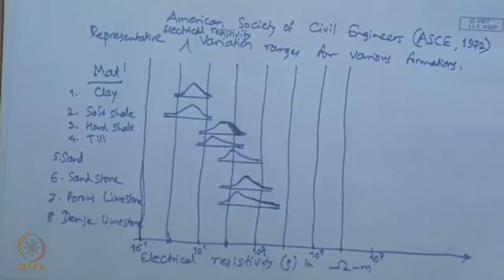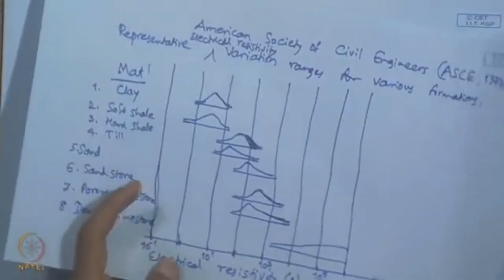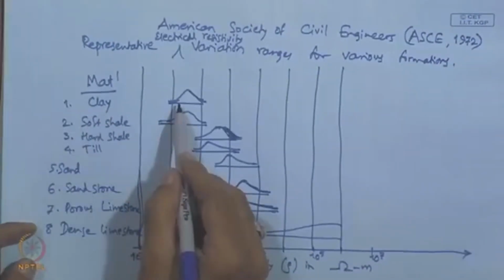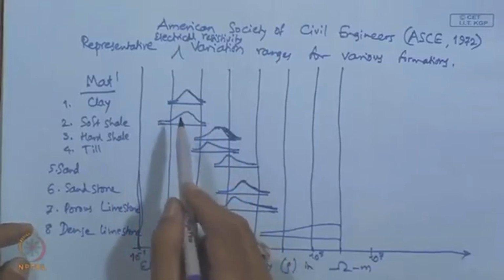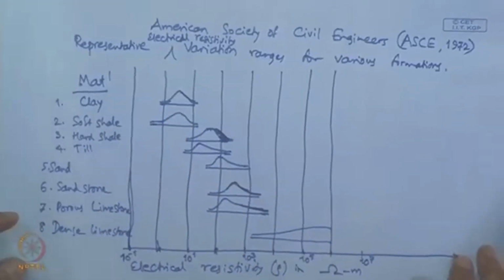The variation starts at say 10 to the power 3 and continues even beyond 10 to the power 6. So this is how the electrical resistivity varies, and as you can see, clay and soft shale will have very low values of electrical resistivity.